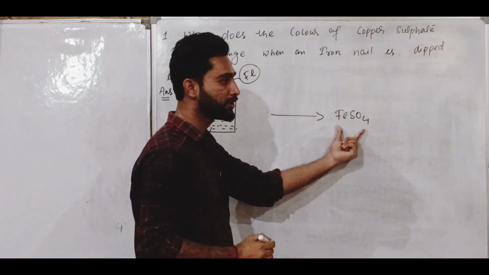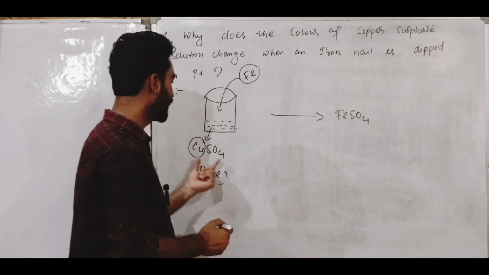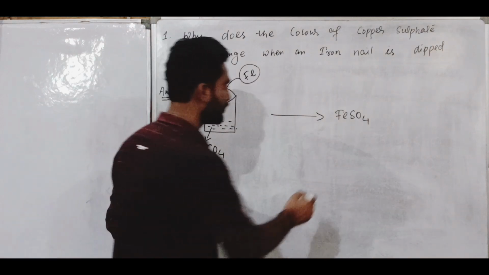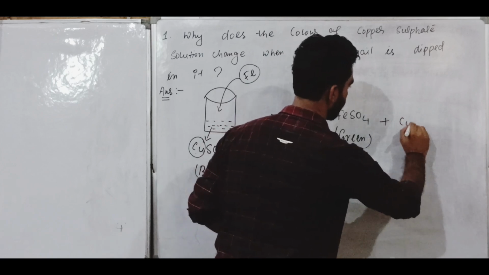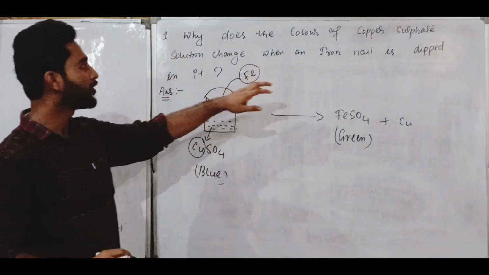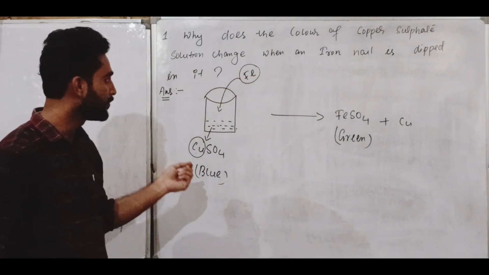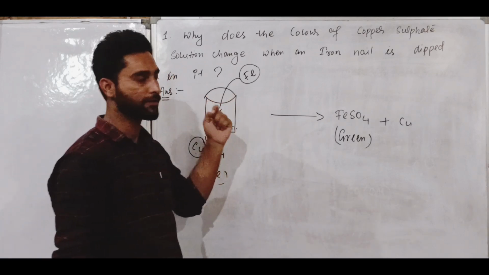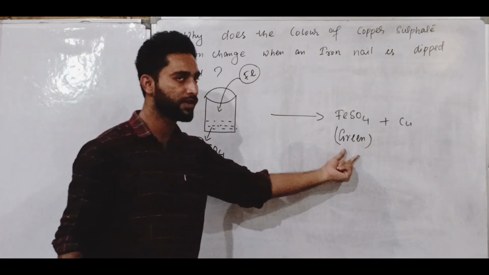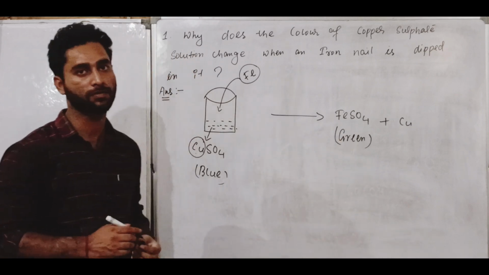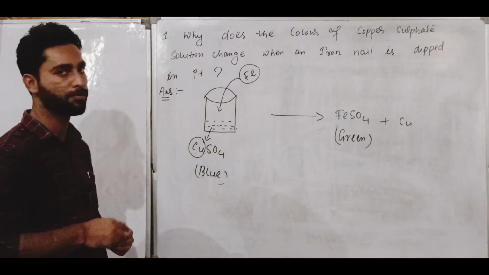Because of this formation of the ferrous sulfate, the color of the copper sulfate changes from blue to green. So why does the color of the copper sulfate solution change? Because of the displacement reaction. Iron being more reactive can easily displace the copper and form the ferrous sulfate, and due to the formation of the ferrous sulfate, the color changes from blue to green.